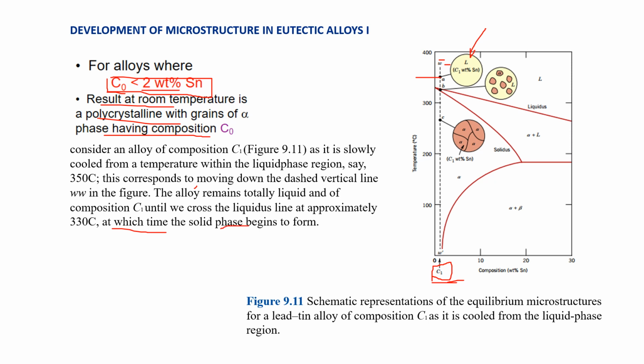Then we cross the liquidus line at approximately 330 degrees centigrade, at which time the solid phase begins to form. At point B, some small grains of solid crystals begin to form.